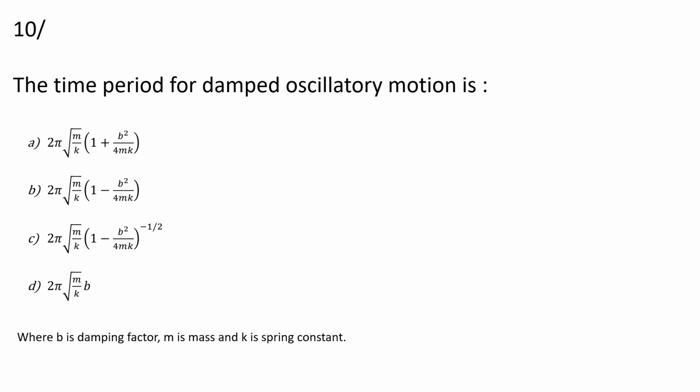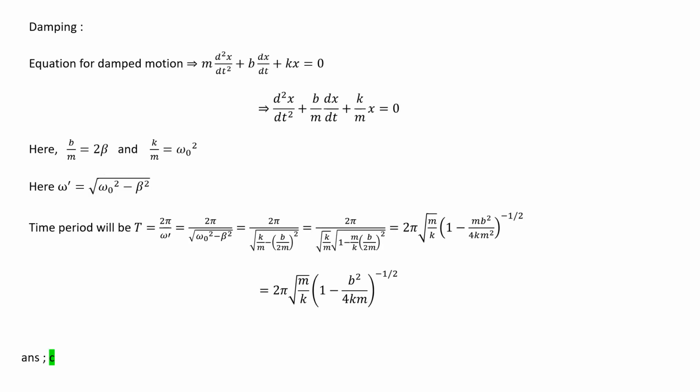Then, the time period of damped oscillatory motion is, and here you can see the options. And it has been mentioned that b is a damping factor, where m is mass and k is the spring constant. So let's see what will be its final answer. For damping, we know the equation of damped motion, that is m d square x by dt square plus b dx by dt plus kx is equal to 0.